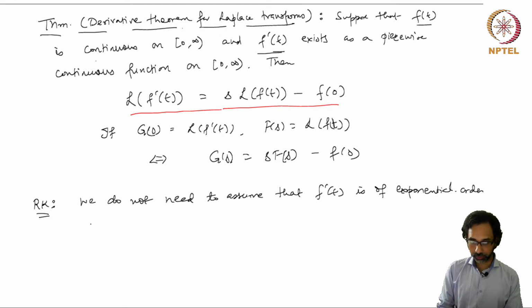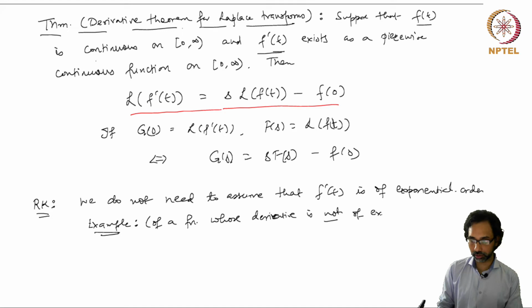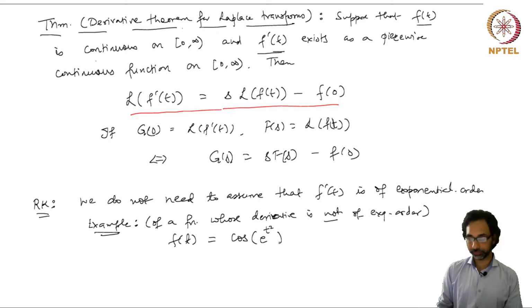let me give an example of a function whose derivative is not of exponential order. So for example, I can take f t to be cosine of e to the power t squared.